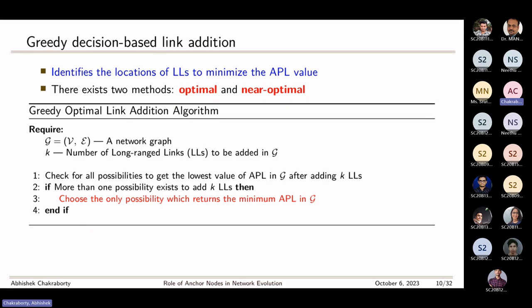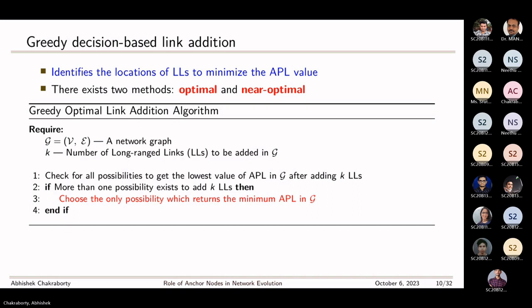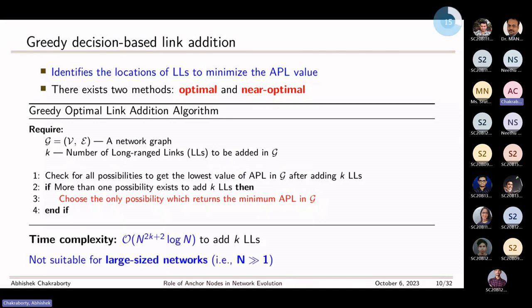If you are running Dijkstra or Bellman-Ford, any shortest path algorithm, the average time complexity is order of n square log n for an n node network. So for adding 2 LLs, it will take NC2 multiplied by n square log n. This is the time complexity just to add 2 LLs. Now just think, if n, the size of the network, is 1000, what will happen? So for K LLs, it is almost like order of n to the power 2k.